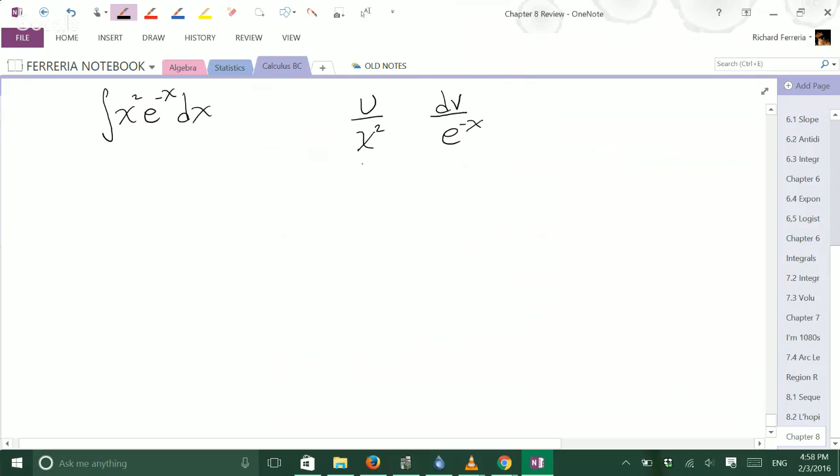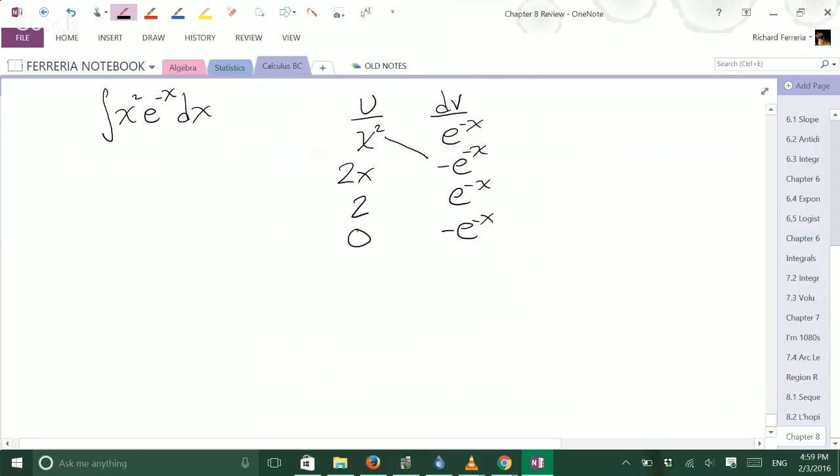Okay, derivative of x squared, 2x. Antiderivative of e to the negative x. Sorry, negative e to the negative x. I don't know why I said 2, sorry. Derivative of 2x. Antiderivative, e to the negative x. Derivative of 2. Antiderivative. Great.